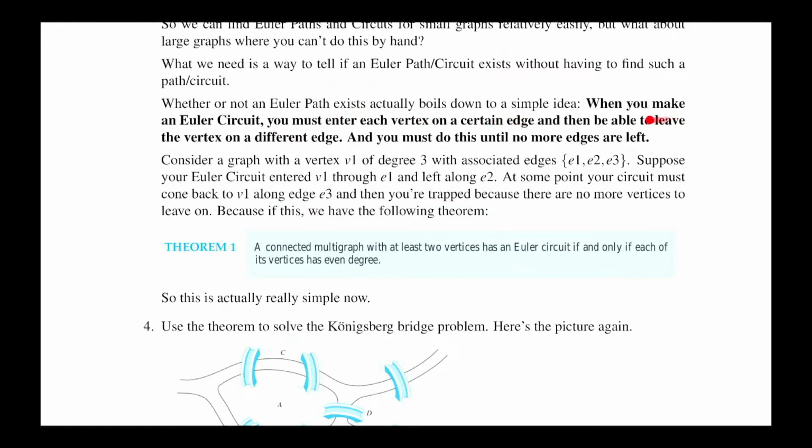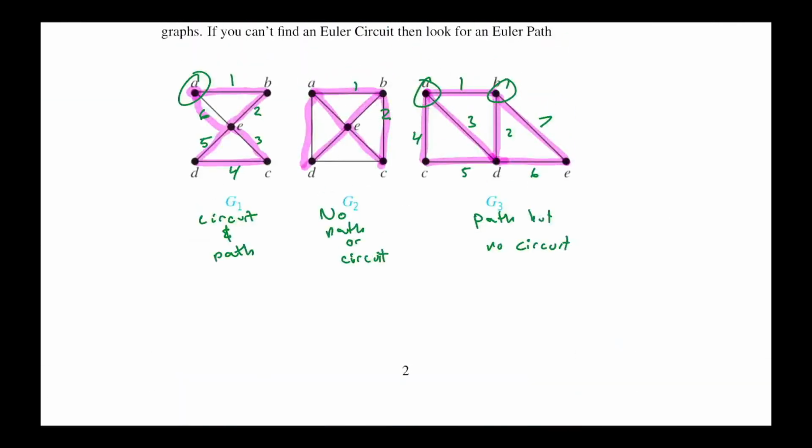Once you notice this idea that you have to enter each vertex on an edge and then leave the vertex on a different edge, you get the idea of what the problem is. The problem is that the edges need to come in pairs. And if you start to look at these, you'll start to notice something.